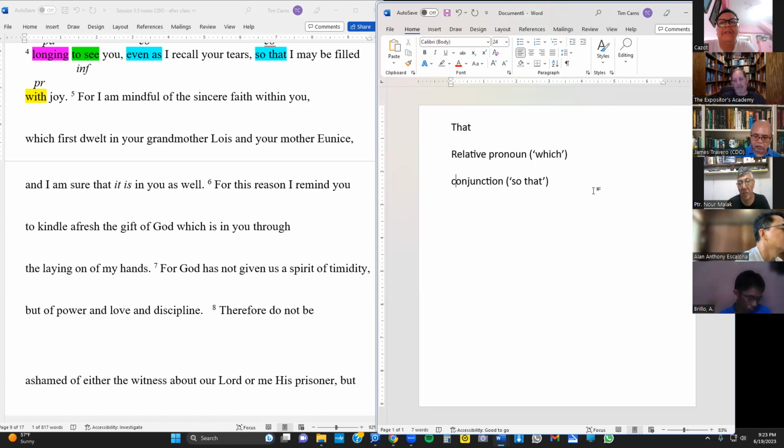Or it can act like a pronoun, as in, is that you? Here it's acting like a certain kind of pronoun. Or it can act like a direct object marker. It can introduce a direct object.